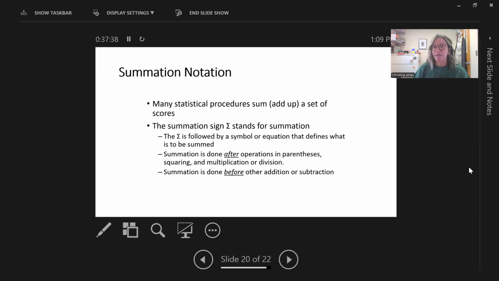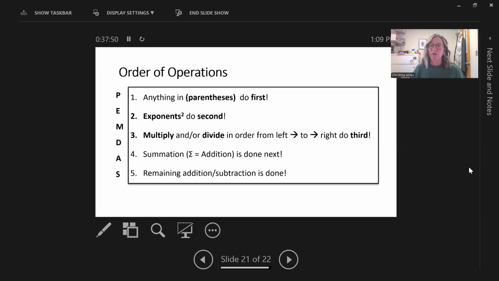Summation is done before other addition or subtraction, depending upon the order of operations. So always go through those order of operations. Anything in parentheses you do first, right out the gate. Exponents you do second. If there are no parentheses, then exponents go first.